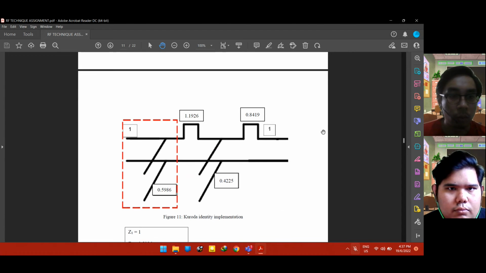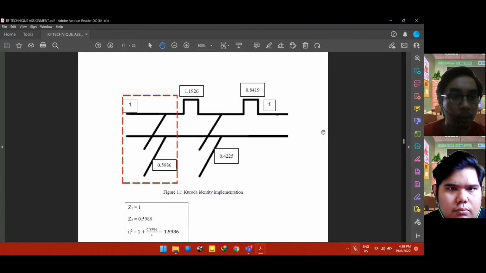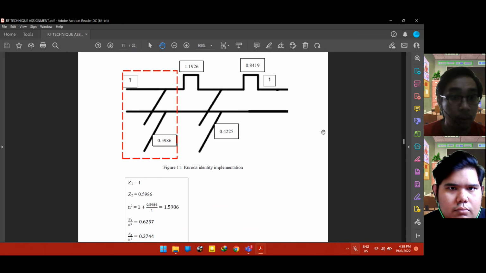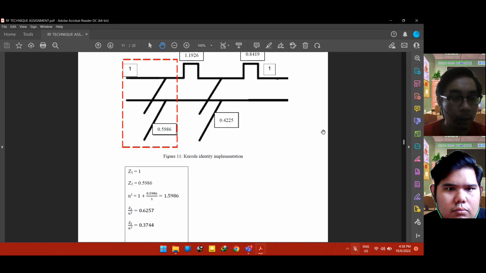This is the Kuroda identity implementation. So at the first one, we need to implement the identity. For the first one, Z1 is assumed as 1. For Z2, use the value of the capacitor and n squared.